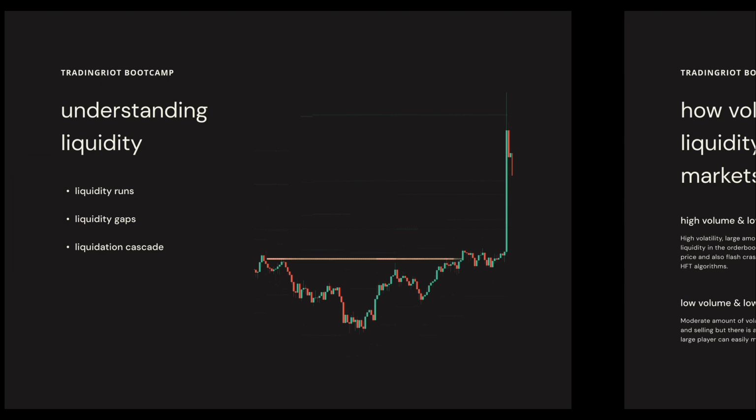The runaway gaps are the second type, which also are caused by these supply and demand imbalances, but the momentum is simply too strong, which will actually result in price not even coming back.